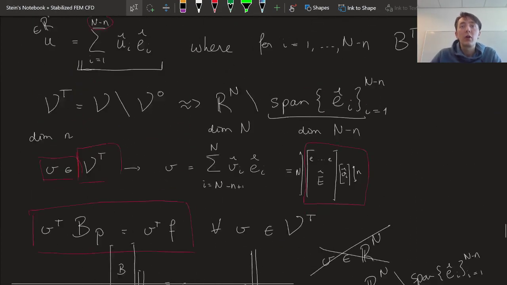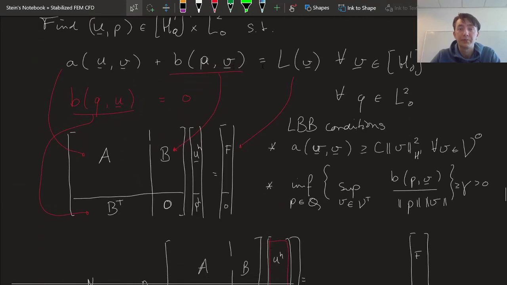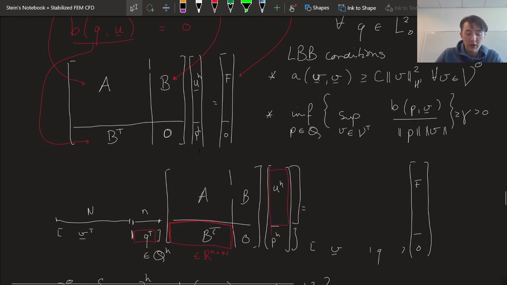Okay, so going back all the way to the LBB conditions up top here. The first condition was a coercivity condition. That's something that we could wrap our heads around. That was the positive definiteness of the matrix. That means that the matrix was invertible, but it was not a necessary requirement. The Inf-sup condition now, just as we just concluded, says that this edge is smaller than that edge.